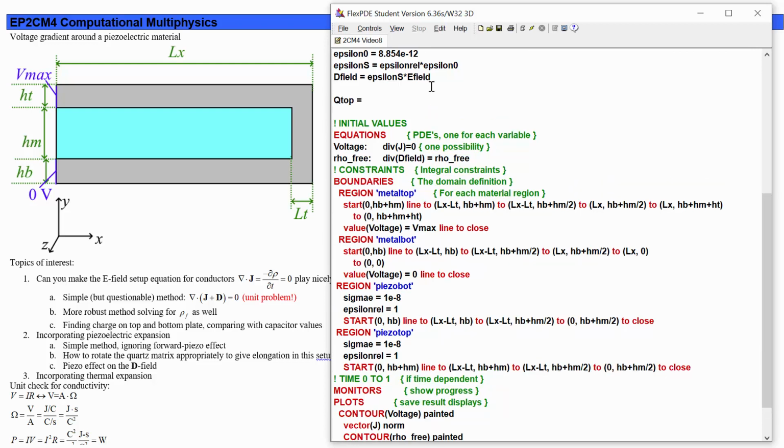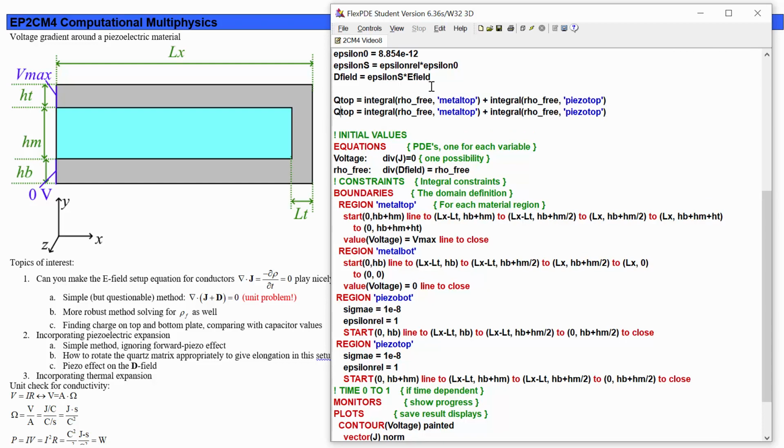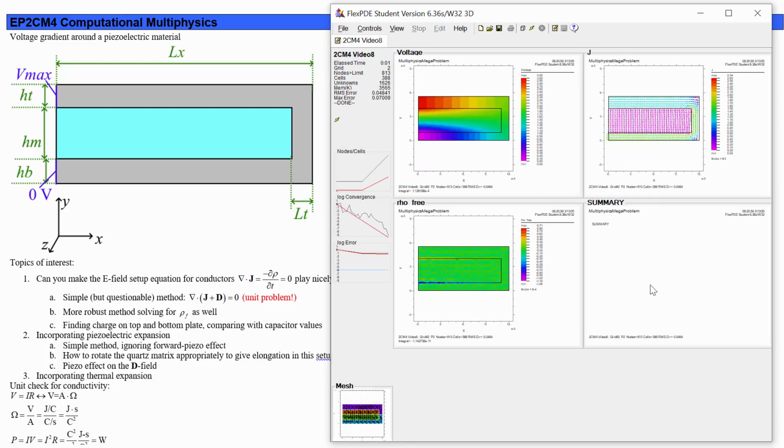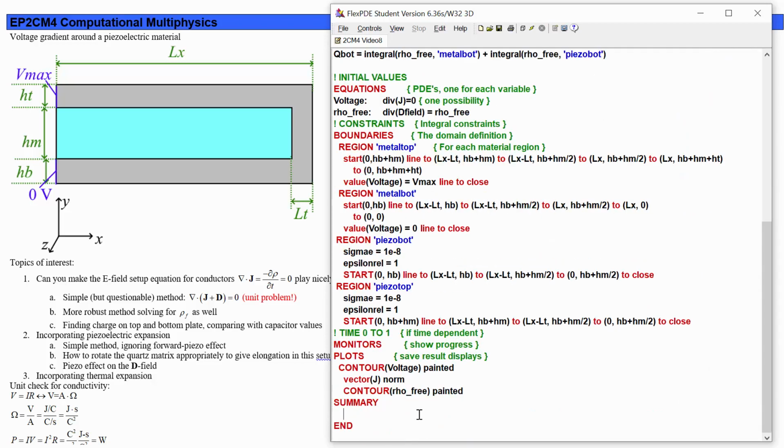Q top would be equal to the integral of the free charge density over metal top plus the integral of the free charge density over piezo top. Then we'll make a similar one for the bottom: rho free over metal bot and over piezo bot. And then we just need to report them.